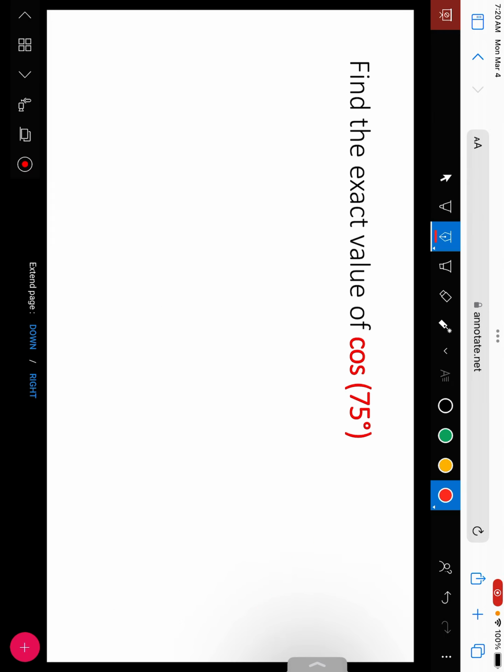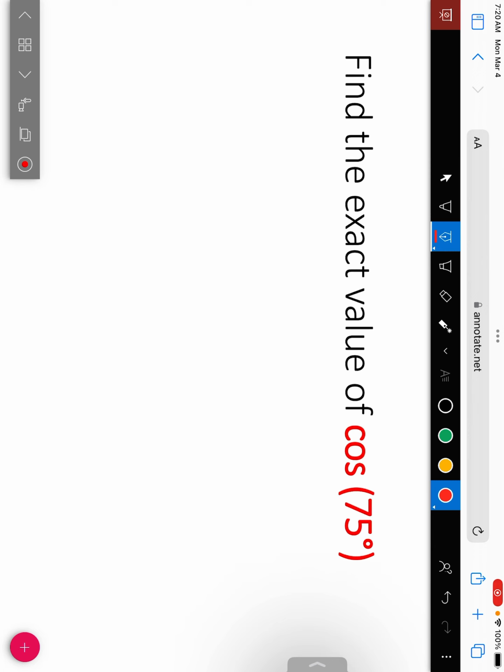All right, go ahead and copy down this first example. Example 1, we're going to find the exact value of 75 degrees.